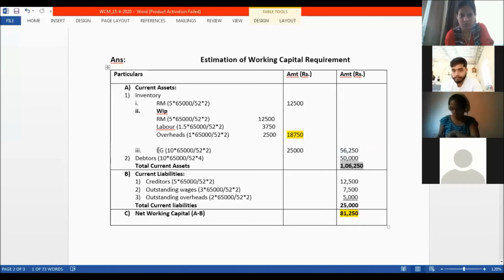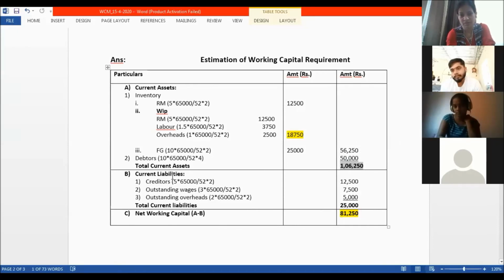Now, if you want to see, all these are the receivables, right? So what is meant by current assets? Assets which are easily convertible into cash within a short time. So you have some inventory, which amounts to around 56,000, and you have some debtors of 50,000 which you haven't received yet. So this plus this together is the total amount of receivables.